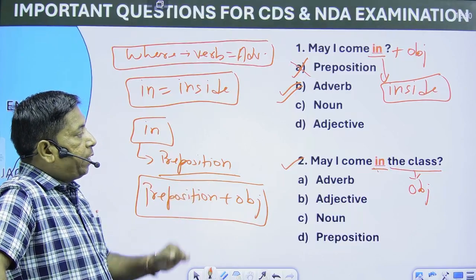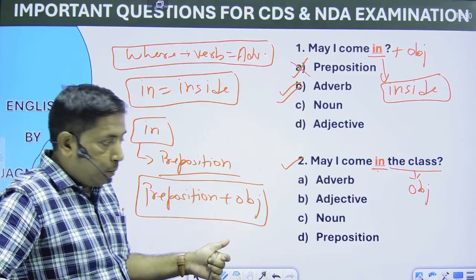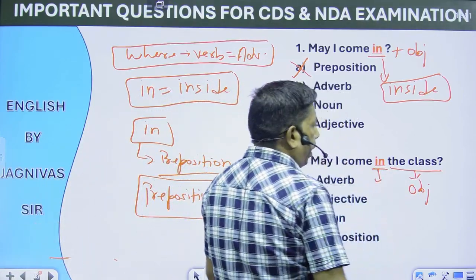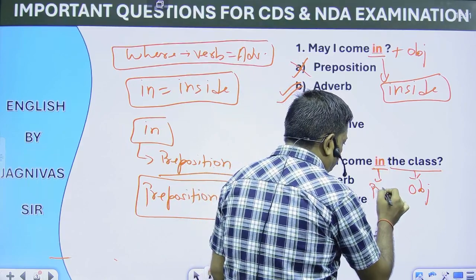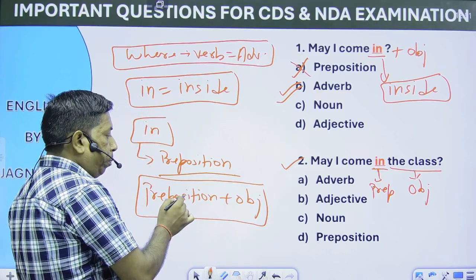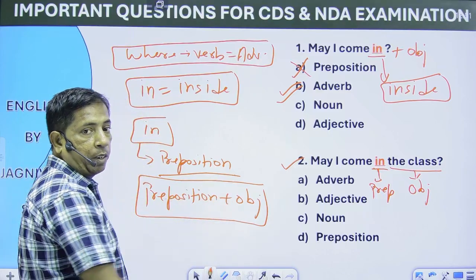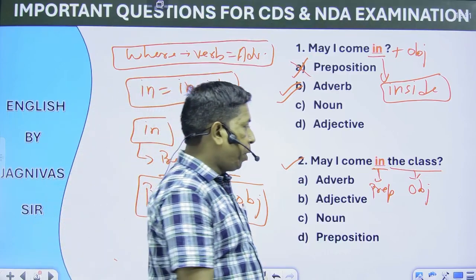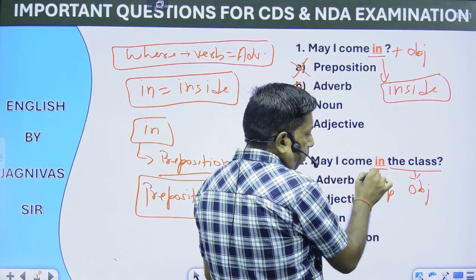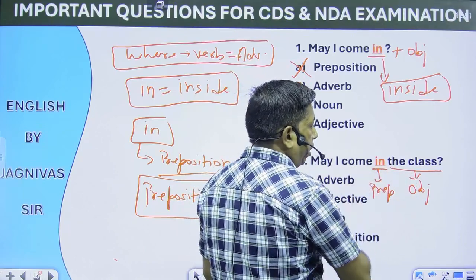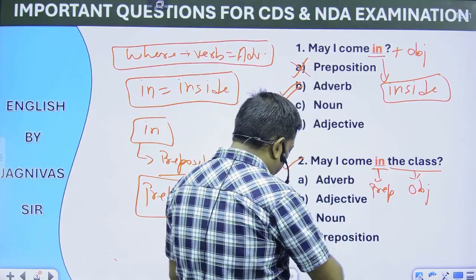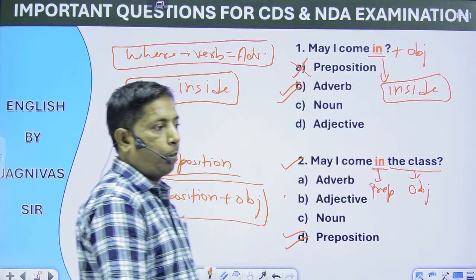If you see the second sentence, may I come in the class? Here the word in is a preposition. Why? Because a preposition needs an object. In this sentence, the object of the word in is the class. So the correct answer is preposition.